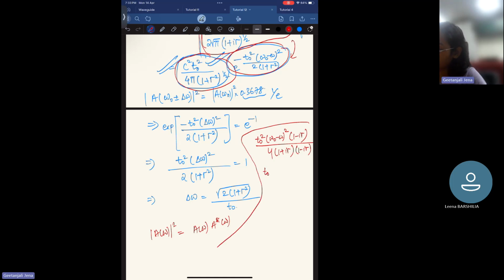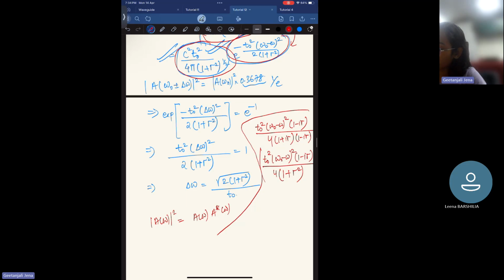So in the upper part, we have (omega 0 minus omega) square, 1 minus i gamma, divided by 4, 1 plus gamma square.